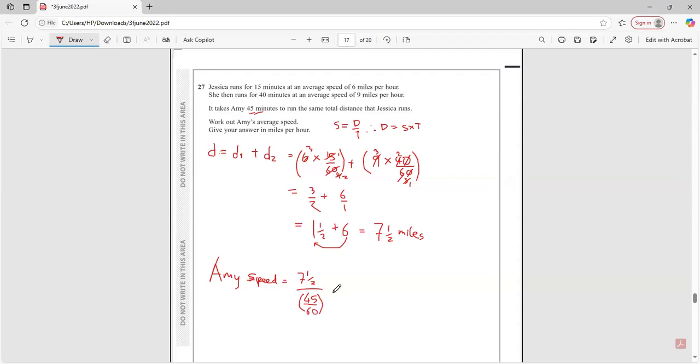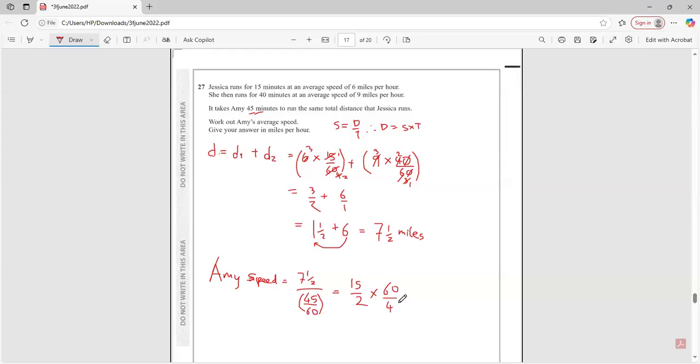So this is what is going to happen now. 7.5 is the same thing as 15 over 2. And since we're dividing it by 45 over 60, it's as good as multiplying it by 60 over 45.